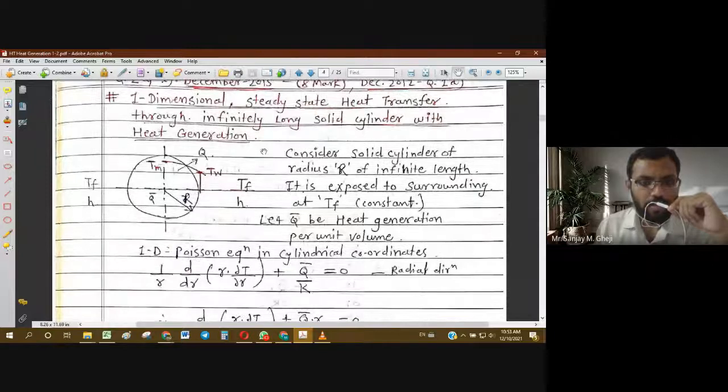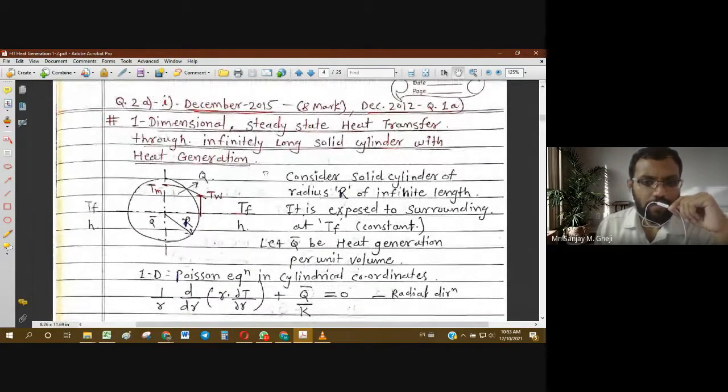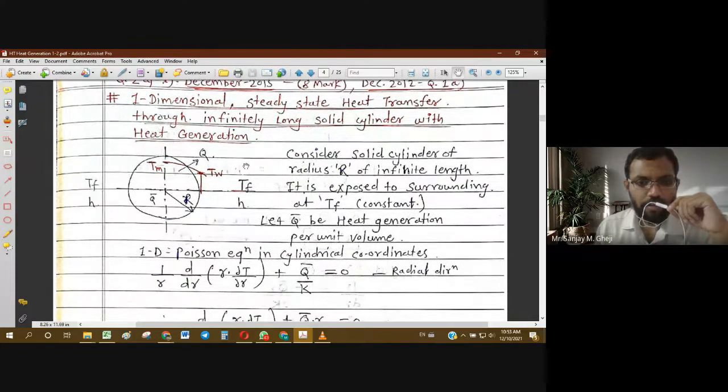The rest of the procedure remains the same. All the mathematical steps are very similar to each other, so it has some common form. Only the difference is in variables. In case of a solid cylinder, we have to use cylindrical coordinates, such as radius r, angle theta, and axial direction z.